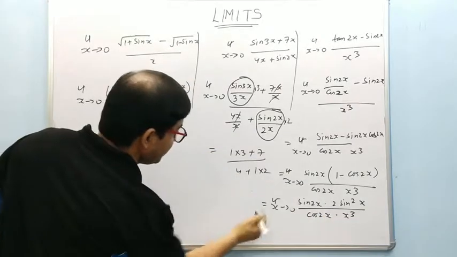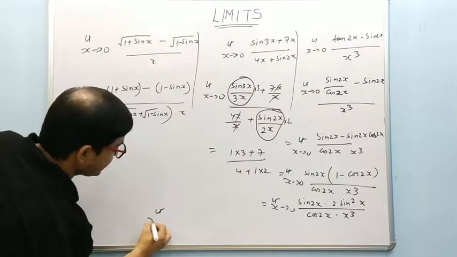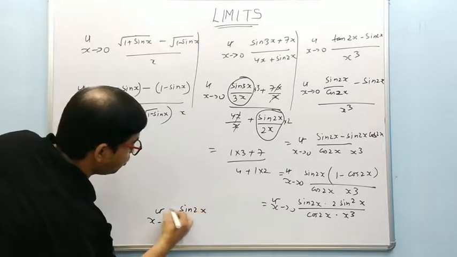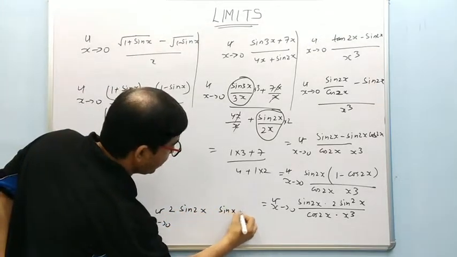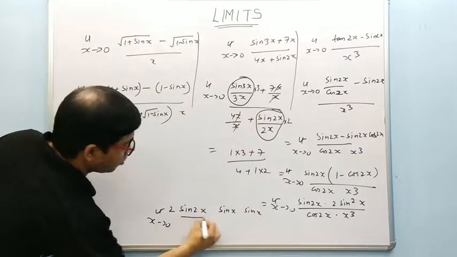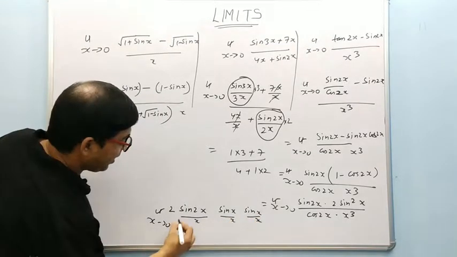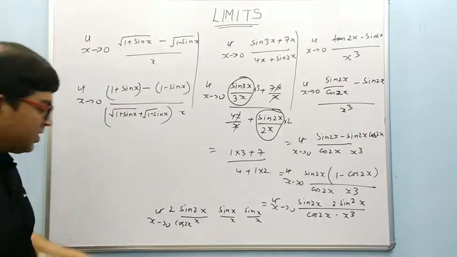Now this can be further written as limit x tends to 0, sin 2x, 2 sin square x, that is, 2 times sin x into sin x. Now x cube is there, so 1 x here, 1 x here, 1 x here, and cos 2x is not causing any problem. You can just write it as it is.